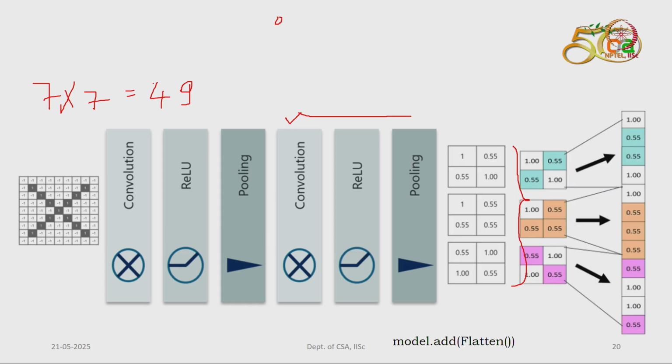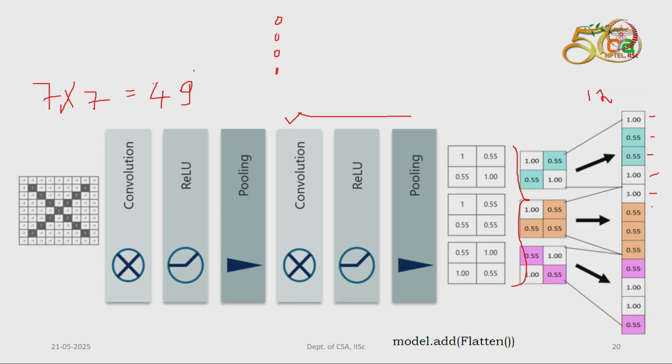Instead of having an input dimension of 49, we have now scaled down to, how many do we have? 1, 2, 3, 4, 5, 6, 7, 8, 9, 10, 11, 12. We have scaled down to 12.